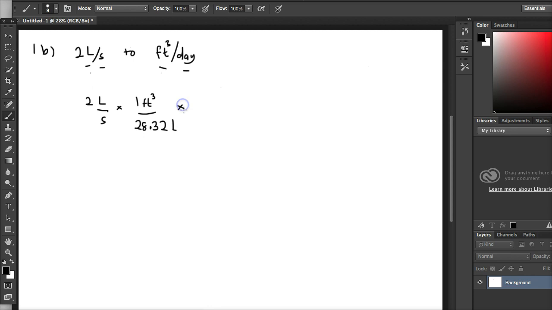And then from second to day, from what I know, 3600 seconds is equal to an hour, and then 24 hours is for 1 day. So these liters cancel out, so you get cubic foot.